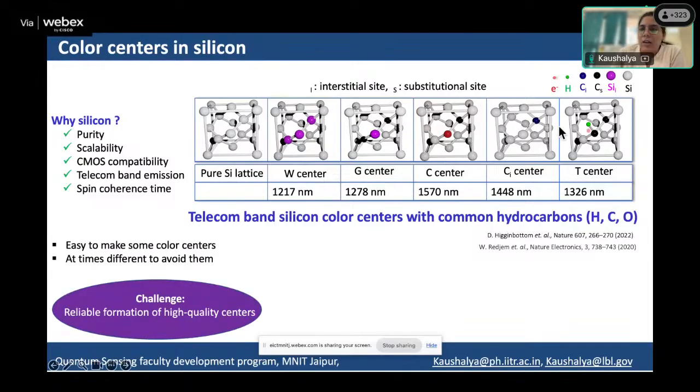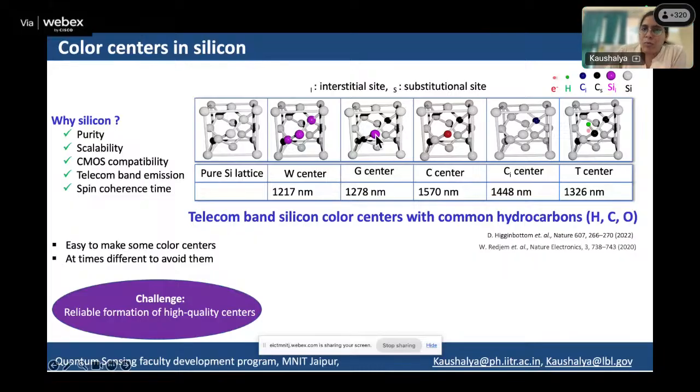Now, what you're seeing on top are basically different point defects in the silicon host material, with their respective emission wavelengths. One of the most commonly formed color centers in silicon, which is analogous to the NV center of diamond, is the G center.